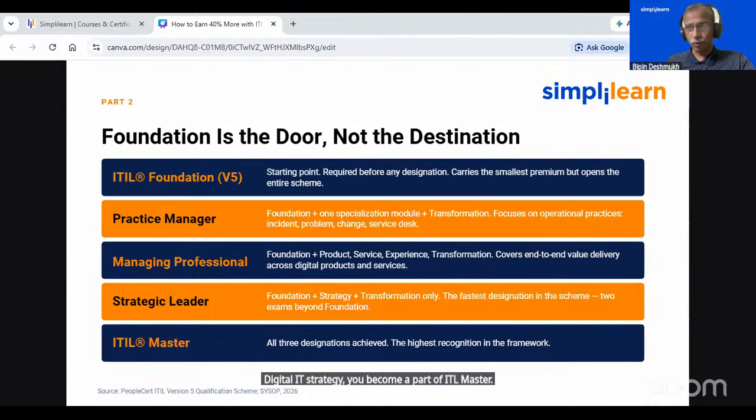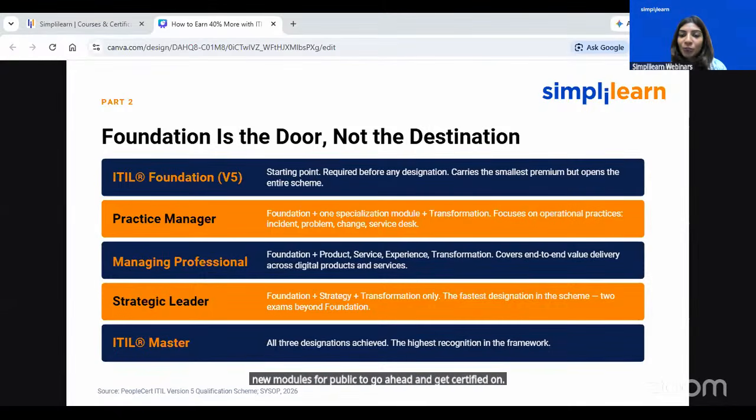So transformation is very critical. This is how the levels have moved, aligned to previous versions, and slowly and steadily, PeopleCert is introducing these new modules for the public to get certified on.